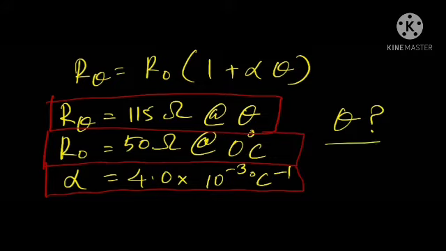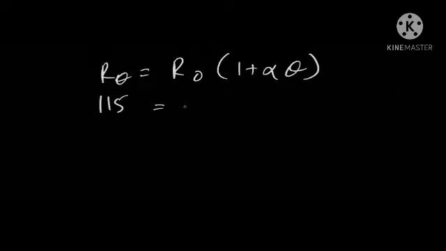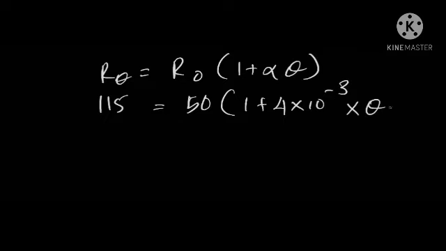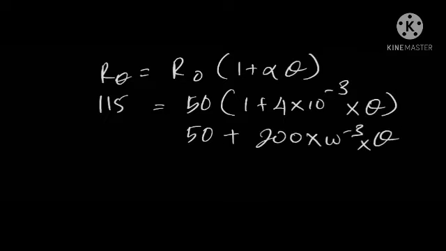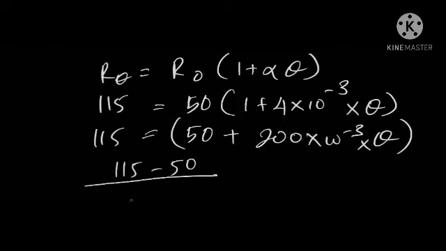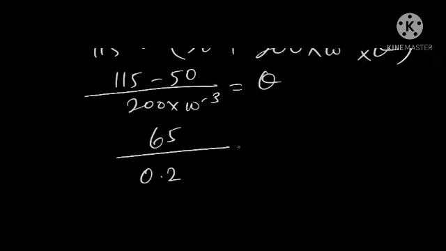When we make θ the subject, the equation will be rearranged as follows. Now when we substitute the given values, we get the answer, and that is 325 degrees Celsius.